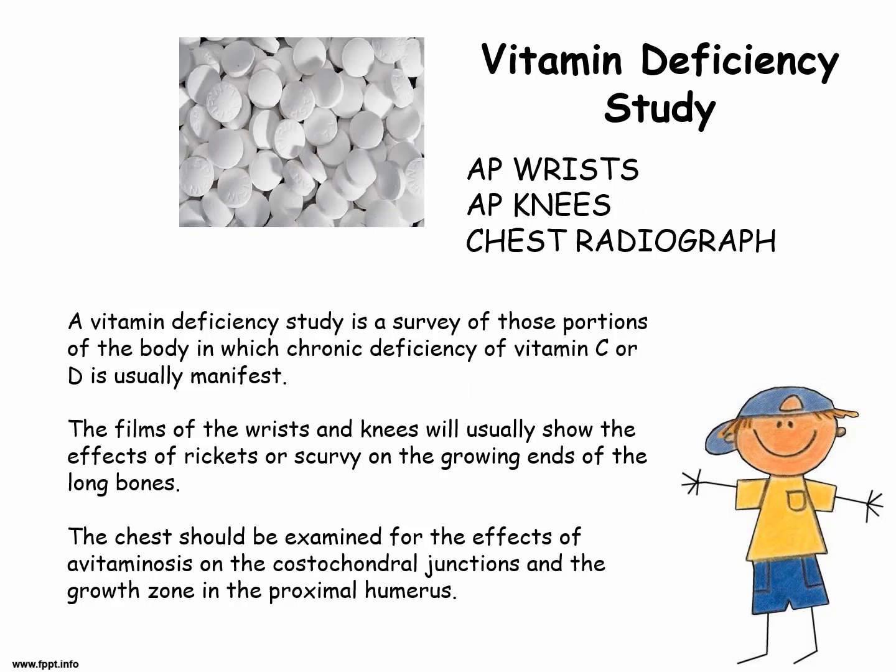Many times with immigrant children or children that come from underdeveloped countries, we x-ray the wrists, knees, and do a chest radiograph to study for vitamin deficiencies, which can result in either scurvy or rickets. Not only immigrant children, but any child that has a vitamin deficiency, usually associated with diet and poor diet.